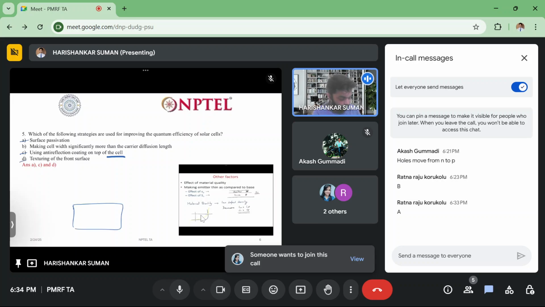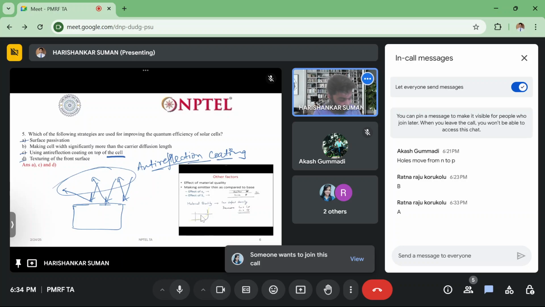Let's say we have a material and light is incident, so the light is also reflected, so this light is useless. If we want to use this light, then we apply an anti-reflection coating on the top surface.